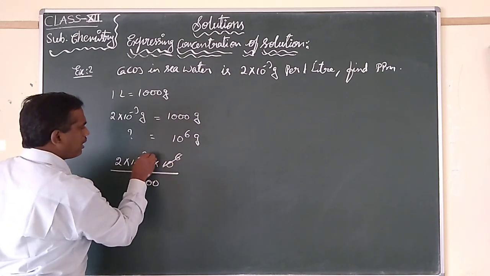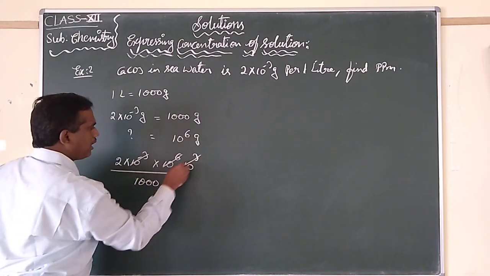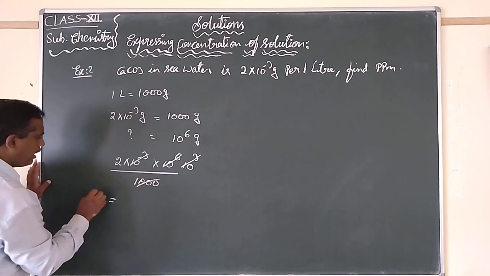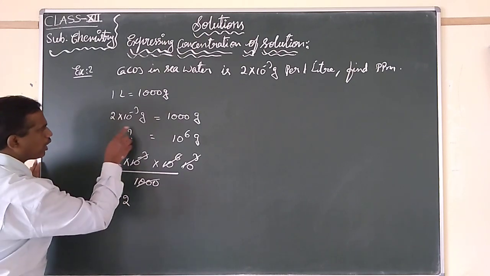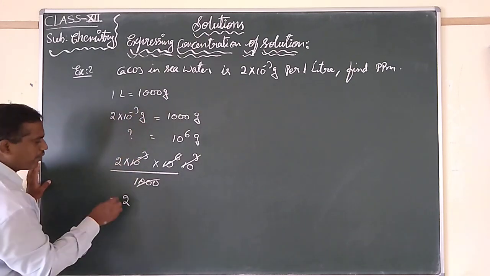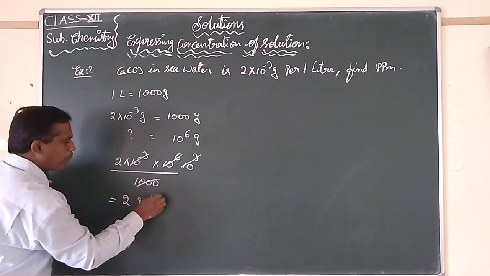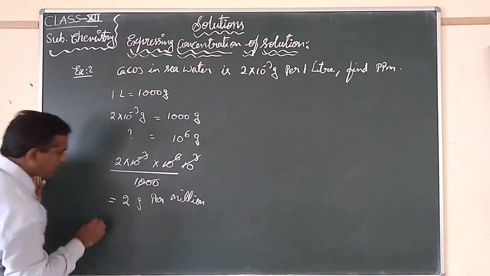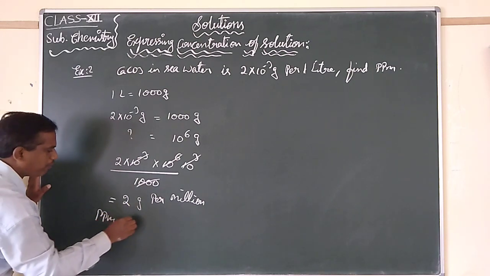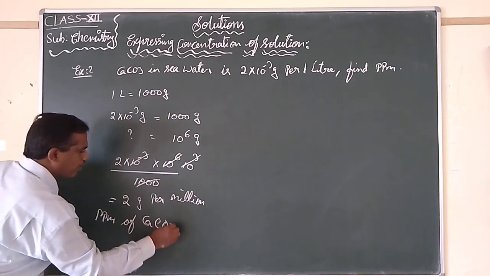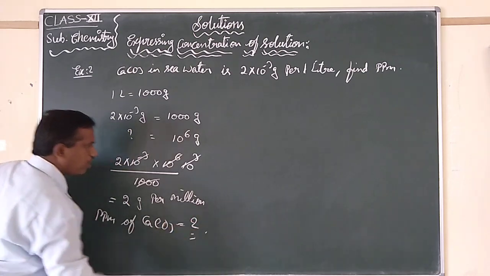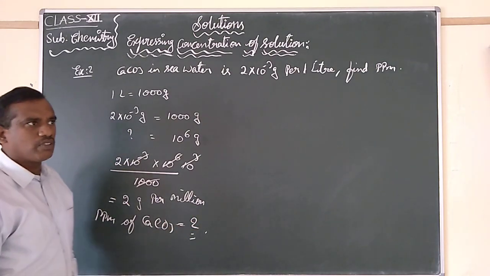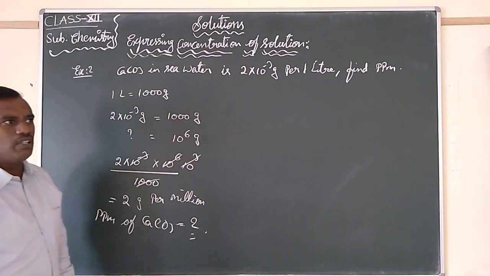We can cancel the 10 to the power of 3 and 1000, and we have only 2 grams per million. So the ppm of CaCO3 is only 2.